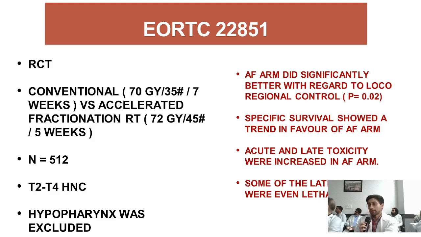The cancer-specific survival showed a trend in favor of the accelerated fractionation arm. But the problem here is that if we try to treat the patient in a shorter amount of time, we're actually increasing the dose, and if we're increasing the dose, we are increasing the toxicity. So a lot of toxicity was seen in the accelerated fractionation regimen. Even late effects were seen in the accelerated fractionation regimen, which were even lethal.